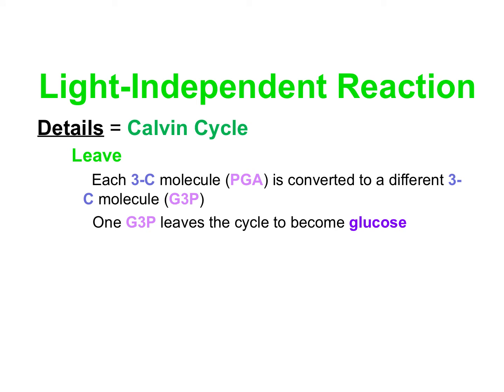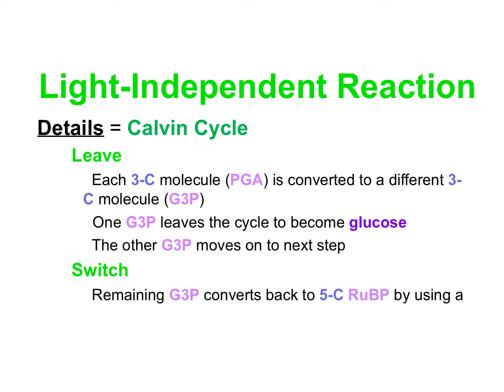One of these G3P molecules is going to leave the cycle and turn into glucose, and then the second one is going to move on to our next step, and that next step we call the switch. So we're going to switch it into something else. The remaining G3P is going to convert back into our original 5 carbon sugar of RuBP by using a phosphate from our ATP, and this is going to start the cycle over again.